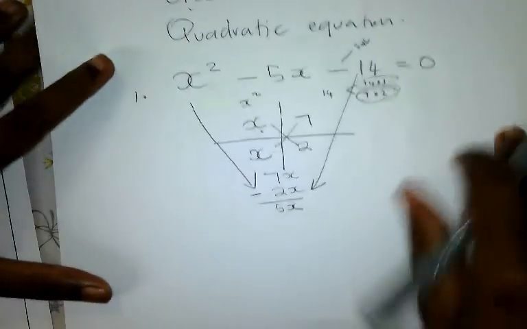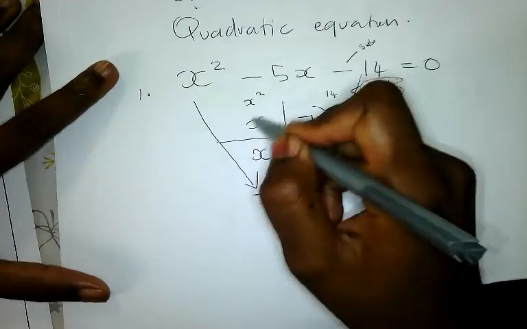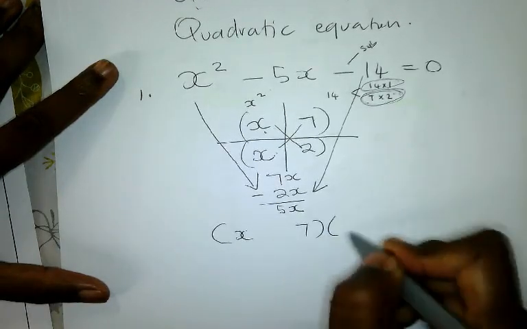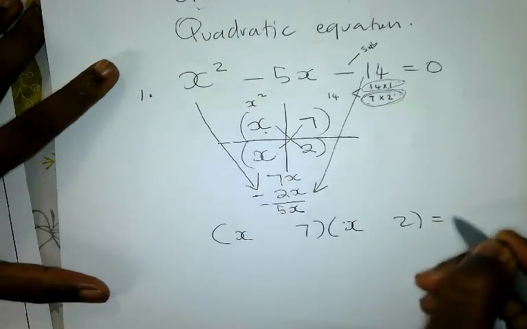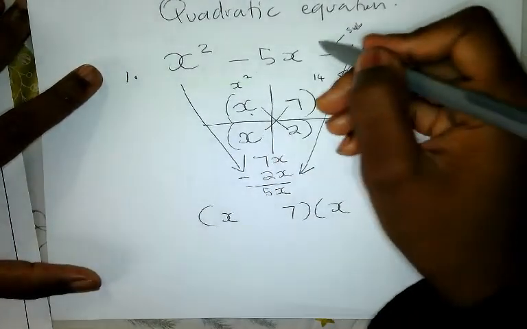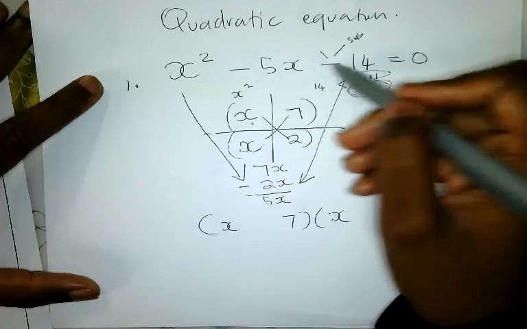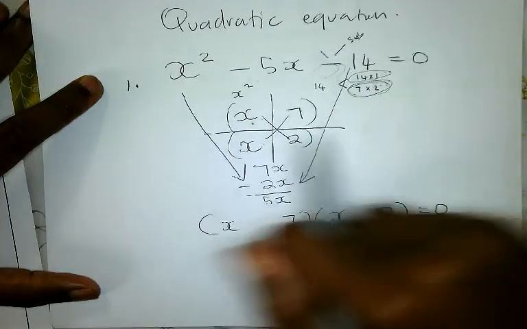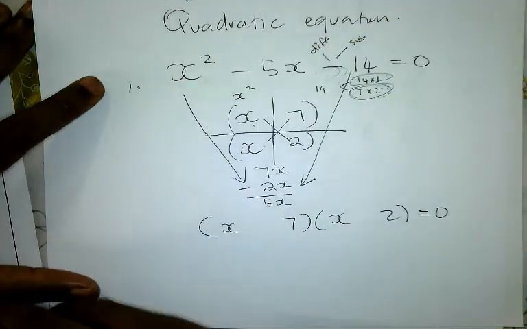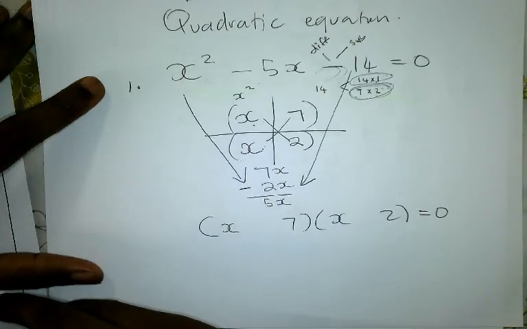So now there become our brackets. That's still equal to 0. Then I have to choose my signs. I still go back to this one. If the sign here is a minus, meaning the signs in the brackets will be different. So the signs must not be the same because I'm subtracting.